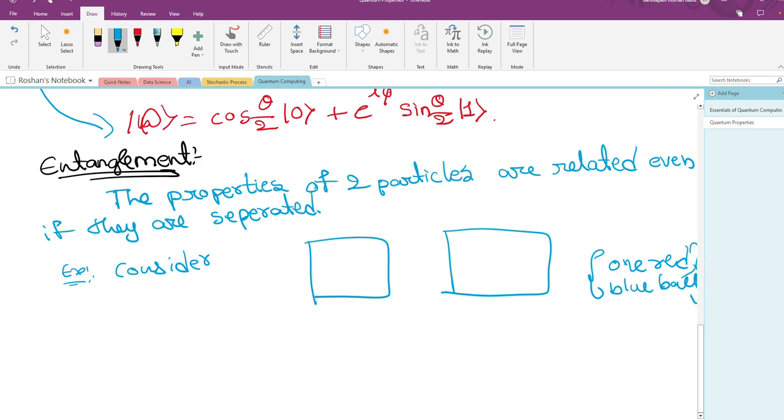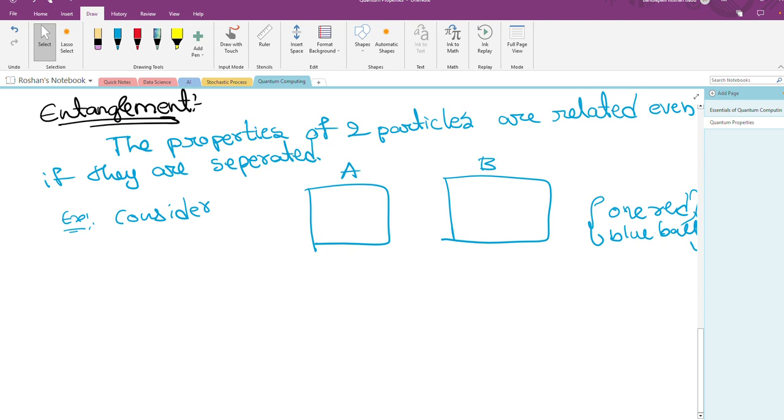Okay, so this is box A, this is box B. We don't know in which box we have the red ball and the blue ball. Suppose a person takes a ball from box A; the probability is that he will get a red ball.